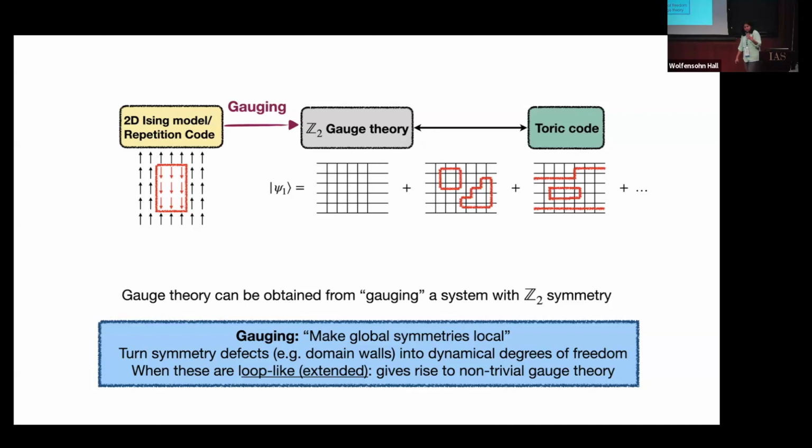And you can already directly see that these wave functions that we wrote for the toric code yesterday, in terms of this kind of loop soup, are again directly being derived from these closed domain walls of the underlying Ising model that's being gauged. And we want to now think of this quite generally for any LDPC code.